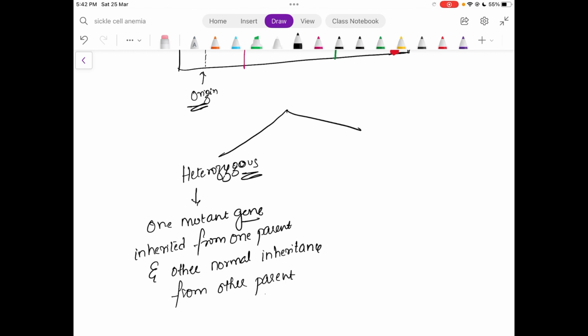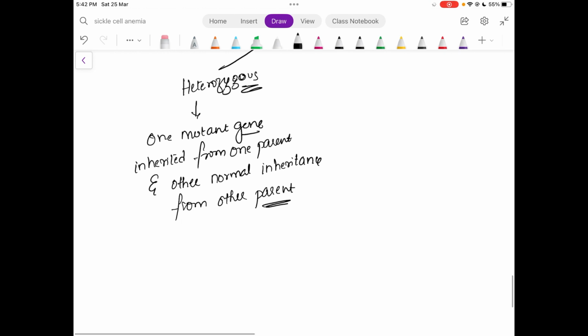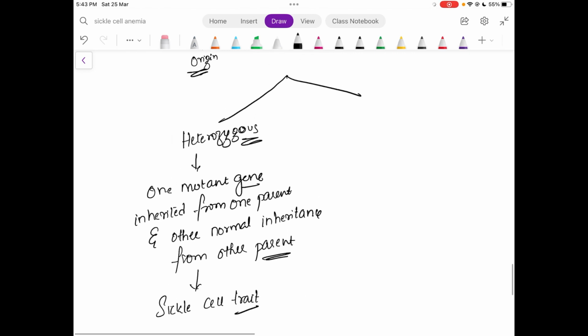That means only one gene is mutated and the other gene is normal. This patient is called a heterozygous patient and it is called a sickle cell trait.